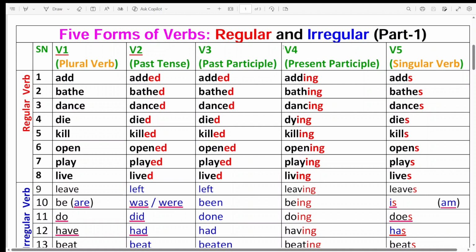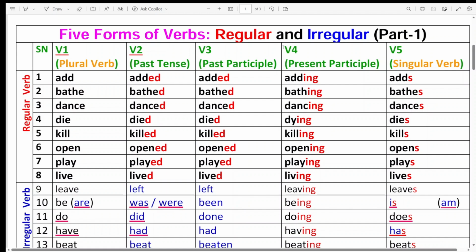So, regular ones end in ed in V2 and V3. And irregular ones do not end in ed. They can have different forms. We have to practice them. We have to memorize them, we can say.